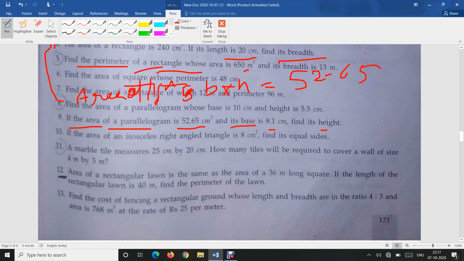Now base is given, which is 8.1, multiplied by height is equal to 52.65. Now from here you can find the value of h by dividing 52.65 by 8.1, and after dividing this you will get the value. This will be the height of the parallelogram.